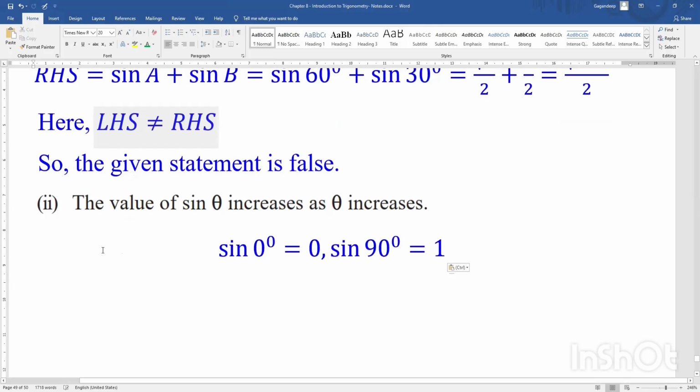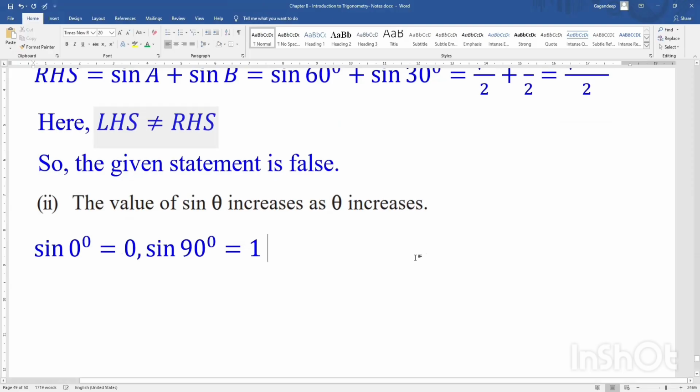Sine 0 is 0, sine 90 is 1, right? So here what we observe is, as theta increases from 0 to 90, how is the value, whether it is increasing or decreasing? From 0 to 1 means it is increasing.